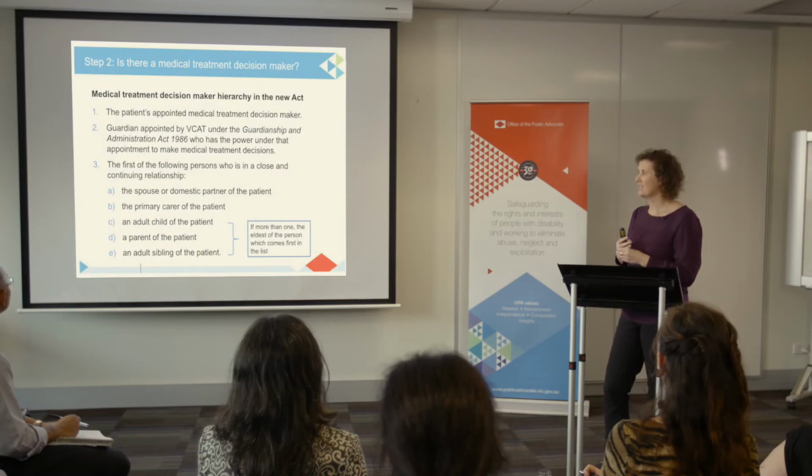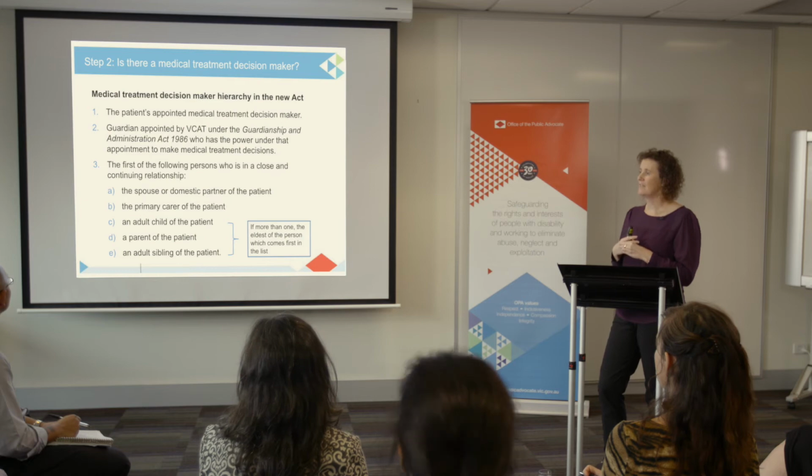So the intention is instead of having a patient in hospital and they have a brother who maybe lives interstate, hasn't seen that patient for 10 years, wouldn't necessarily know anything about the patient, but by virtue of them being the first on that list, they somehow then had the authority to come in and make a decision for that patient.